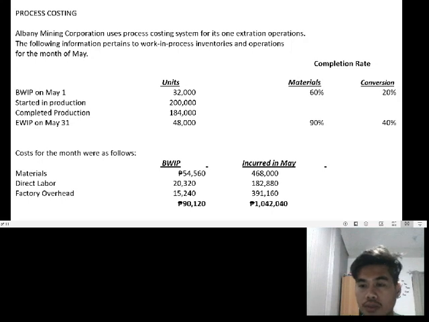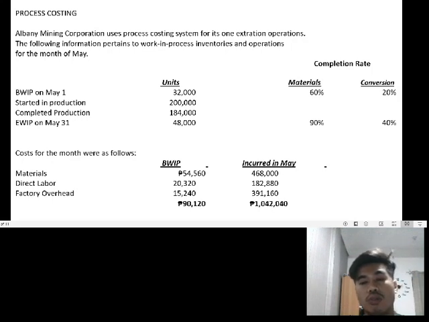So, in process costing, meron tayong dalawang methods na ginagamit. We have the FIFO method, so the first in first out method, and the weighted average method. In process costing also, you should know how to account the total units put into process and total units accounted for.